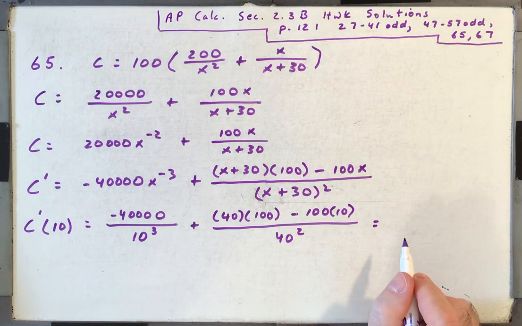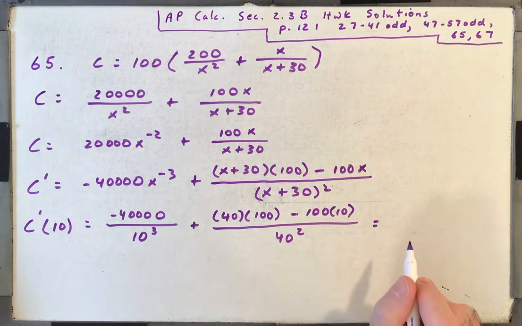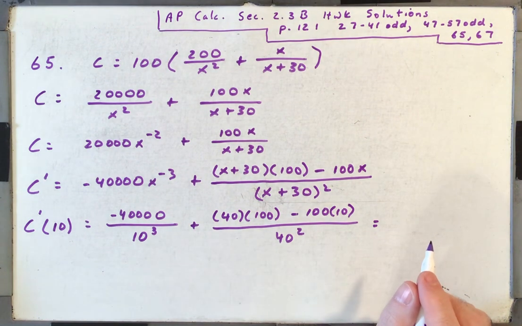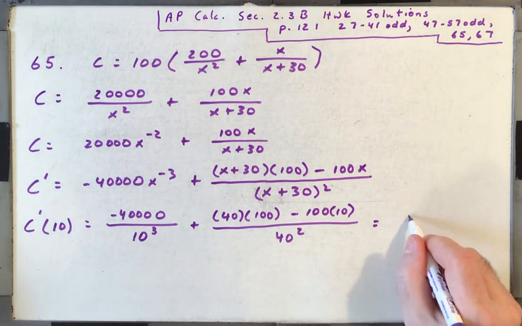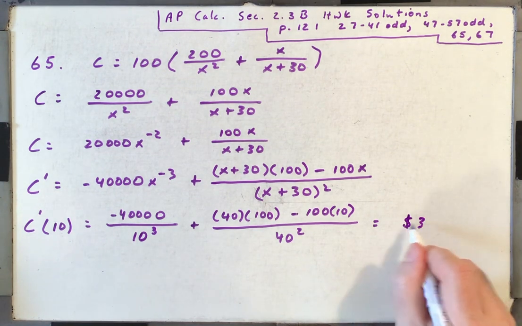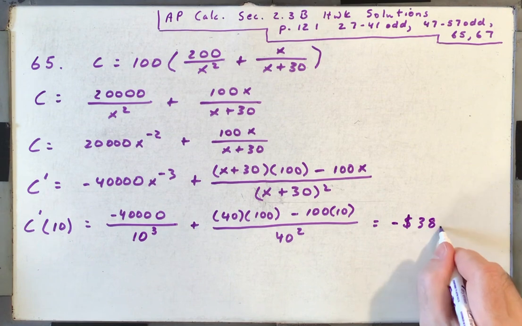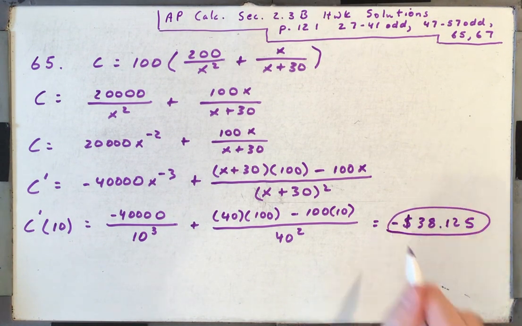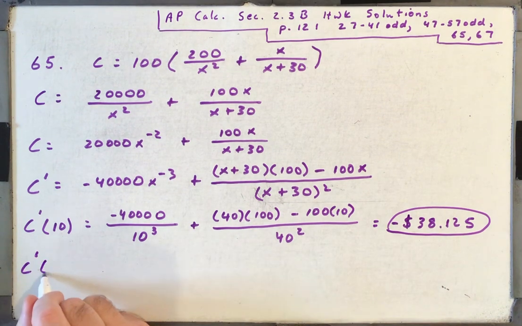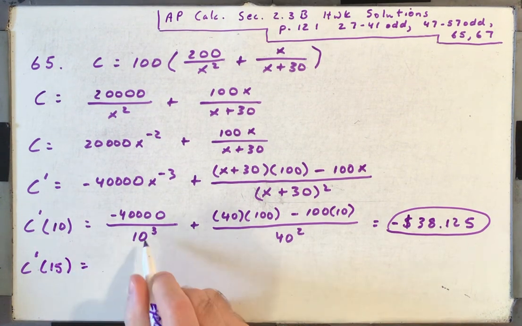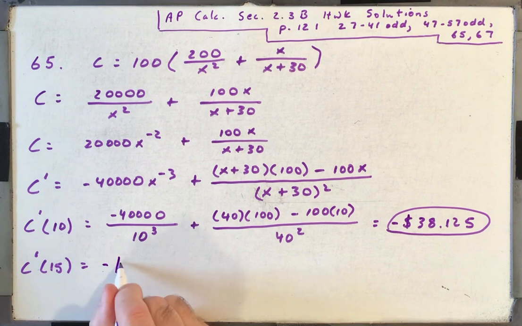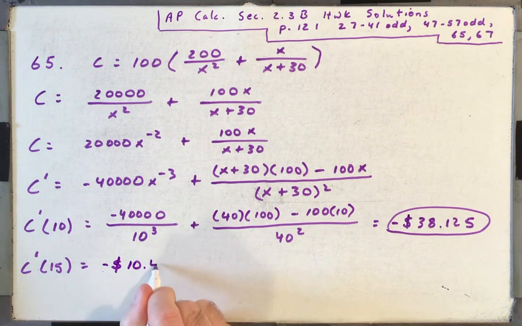Now you put all that in your calculator and you're going to get negative 38.125, and that's dollars. Okay, that's C prime of 10. Now, without writing all this again, if you put in 15 for x, if your calculator or your fingers don't betray you, it's negative 1042.